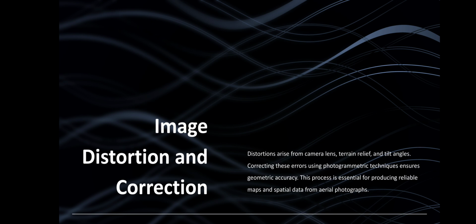Image distortion and correction. Distortion arises from camera lenses, terrain relief, and tilt angles. Correcting these errors using photogrammetric techniques ensures geometric accuracy. This process is essential for producing reliable maps and spatial data from aerial photographs.